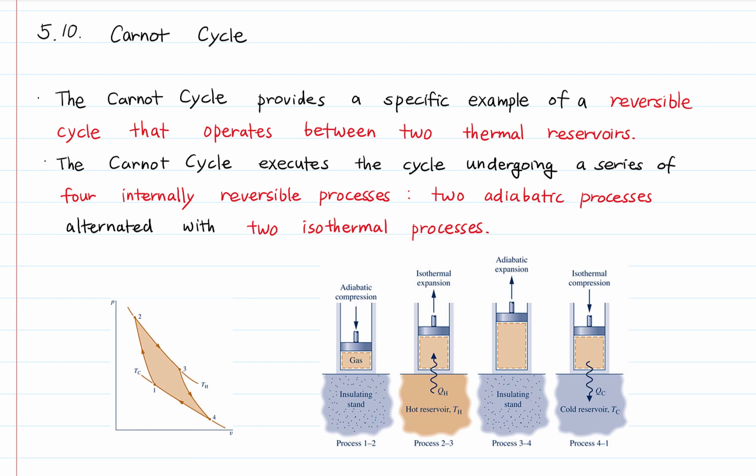Process 3-4. Reversible adiabatic expansion. Again, the system is insulated. It is an adiabatic process, so no heat transfer during this process. Q is 0. The gas continues to expand and do work on the surroundings.